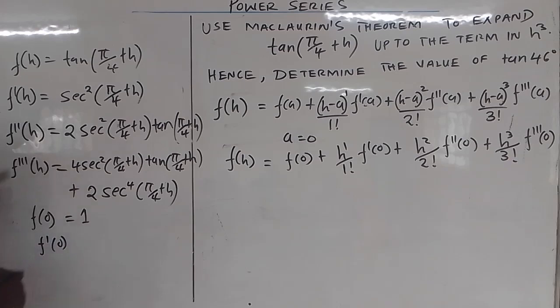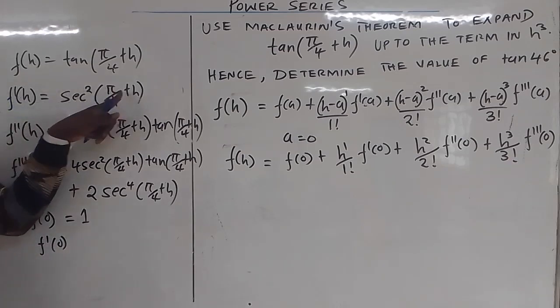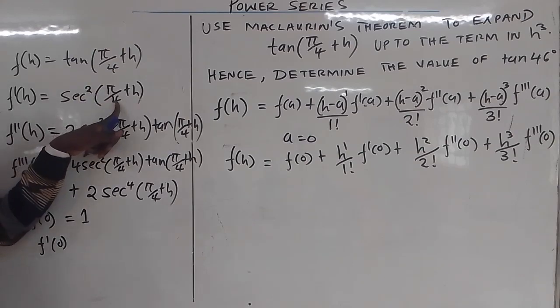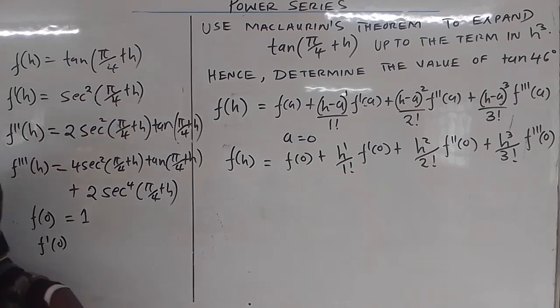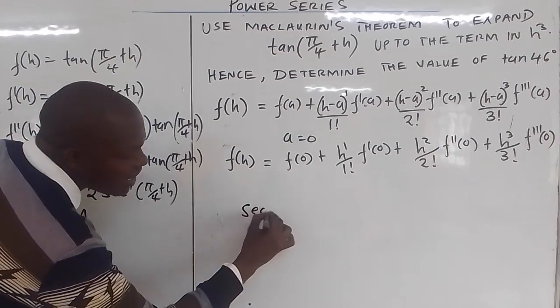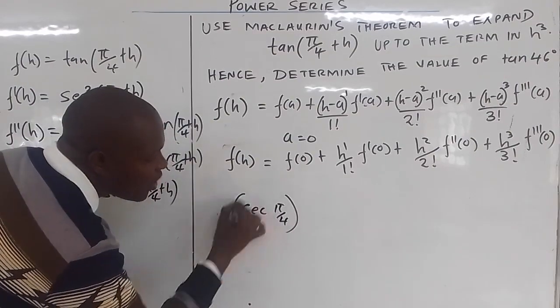F prime of 0. Here we have f prime of h, meaning you put 0, isn't it? So you'll have sec squared pi over 4. It means it is sec pi over 4 which has been squared.